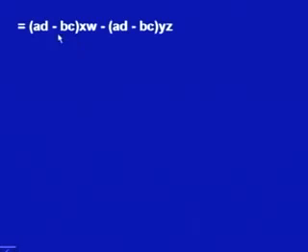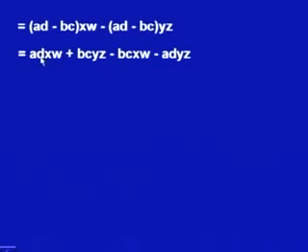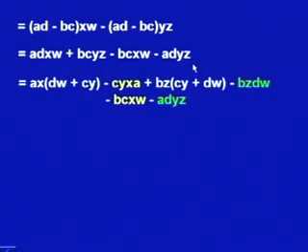We start with AD minus BC times XW minus YZ, and by expansion, ADXW plus BCYZ minus BCXW minus ADYZ. Here I am trying to add and subtract certain things so that the final result can be obtained easily.